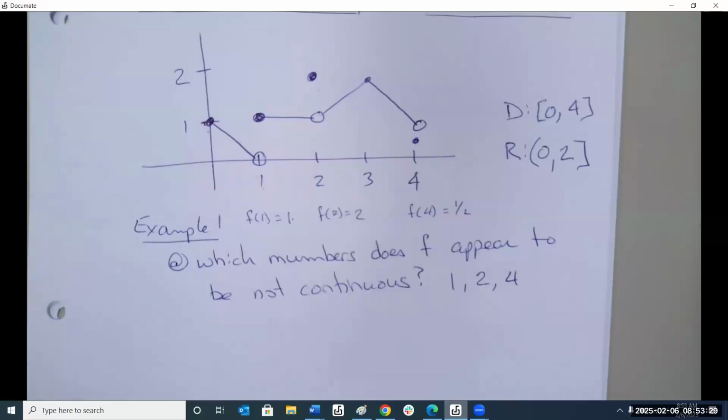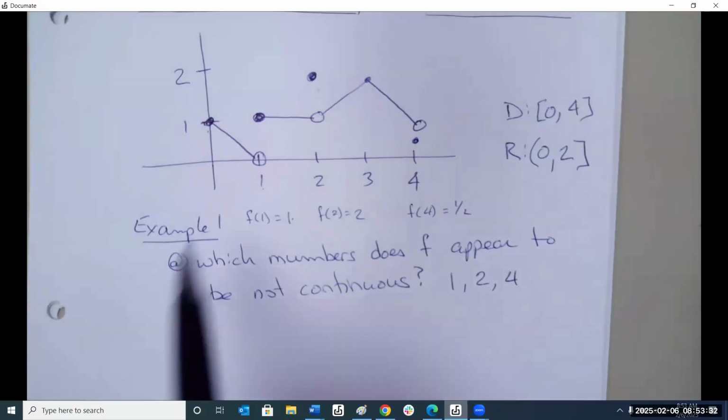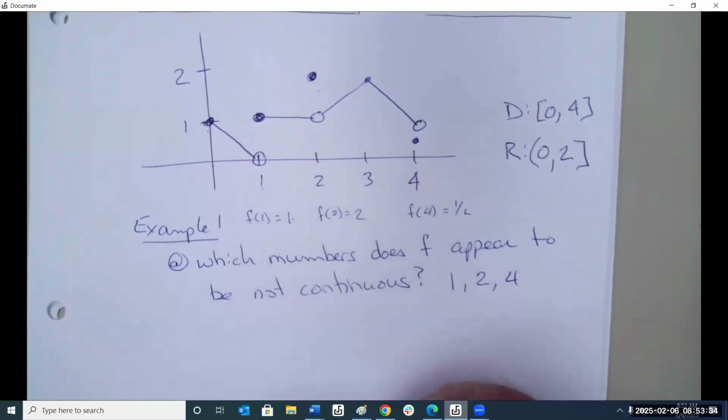Now let's use the stuff we've been doing already. At 1, why is it not continuous? Using what we know already in mathematics.